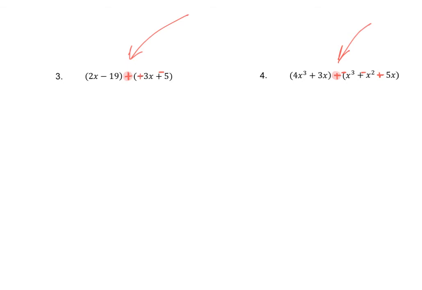If you want the reasoning on why this works, it is for the same reason as with systems. Remember when you had, say, x plus 2y equals 10, and we took that system and multiplied it by negative 1, what did that do to the system? It made it negative x minus 2y equals negative 10.